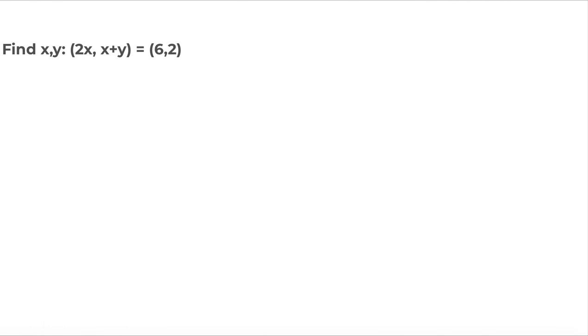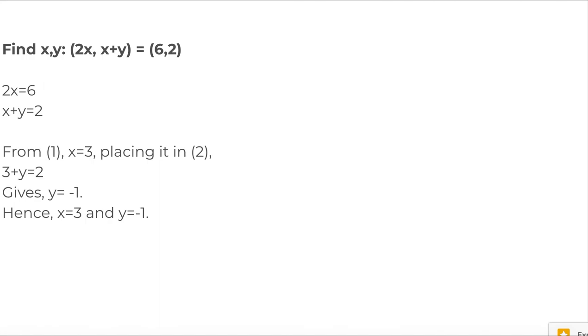Next question is a pretty easy question. You're given an element that is (2x, x plus y), which is equal to (6, 2), and you're supposed to find the values of x and y. It's pretty easy because the elements are supposed to be equal. So 2x is 6, x plus y is 2.